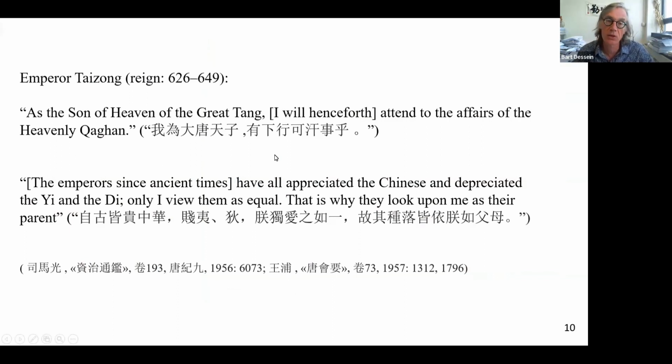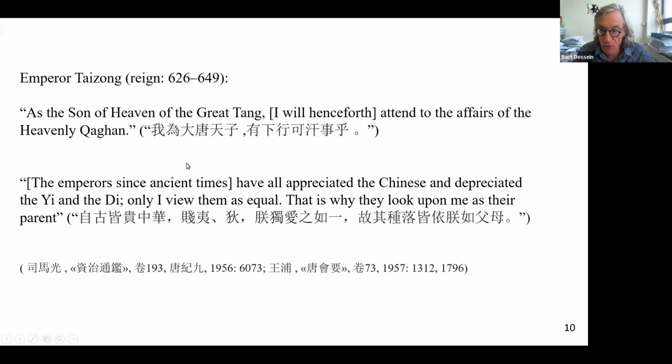And here I have some quotations of one of the emperors of the Tang Dynasty, Emperor Taizong, who said that he, as son of heaven, which is a denomination of the Emperor of China, as son of heaven of the great Tang Dynasty, would take care of the affairs of the heavenly Khan. With this, he refers to the people of Central Asia. He also says in the second quotation that the people of Central Asia were looking at him, seeing him as if he were their parent.